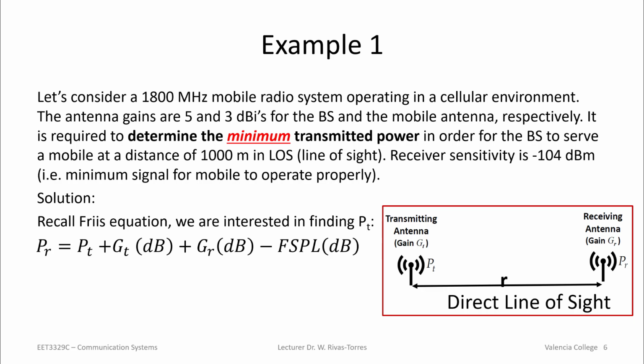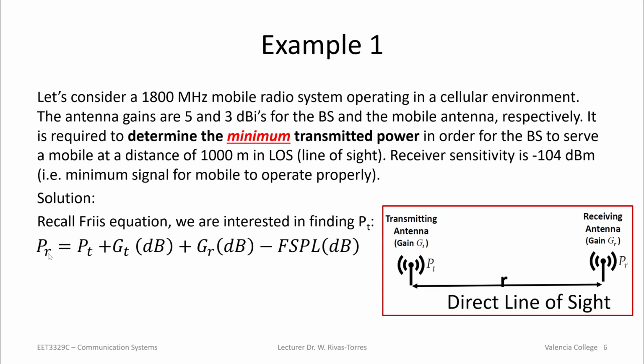Okay, so if we recall Friis's equation, what are the sort of things that we have? Looking at this drawing, you can see that we have a transmit antenna, we have a receive antenna, and we have a certain distance. So what we are going to do is figure out how much transmit power we need.